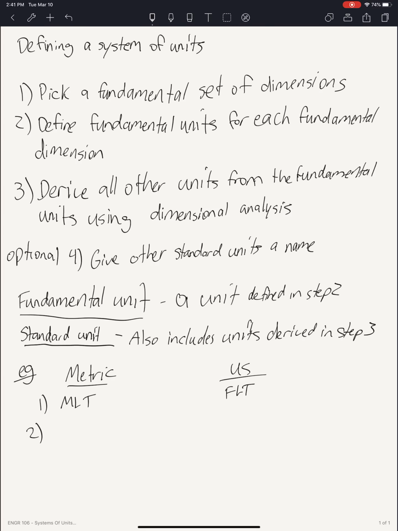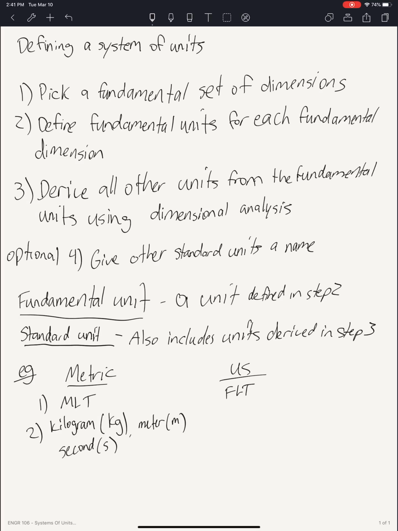In metric, our fundamental unit definitions are the kilogram, abbreviated kg, the meter, abbreviated m, and the second, abbreviated s.